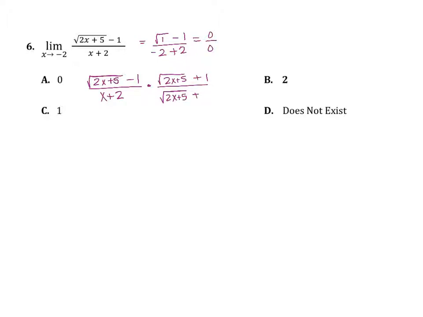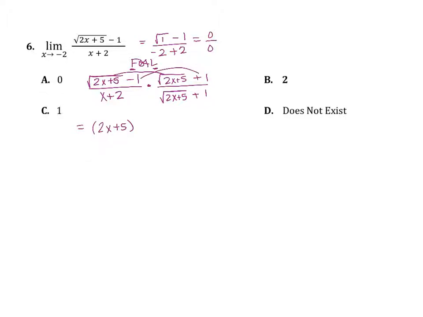And again, save yourself some time when multiplying these things out. Our middle term up here, when I do my process of foiling, the outer and the inner are going to cancel each other out. So we're just going to focus on the first and the last. If I multiply the first two things together, we're going to get 2x plus 5.